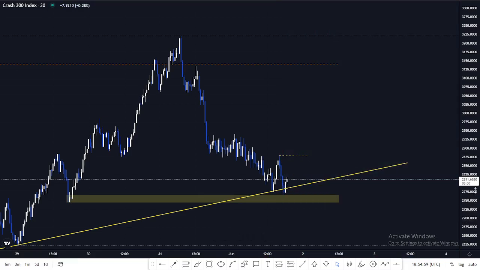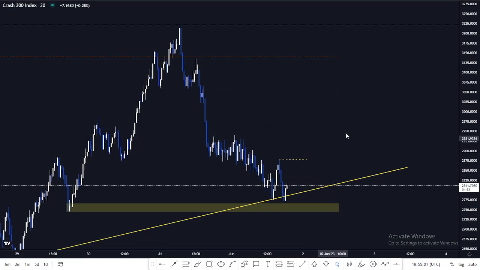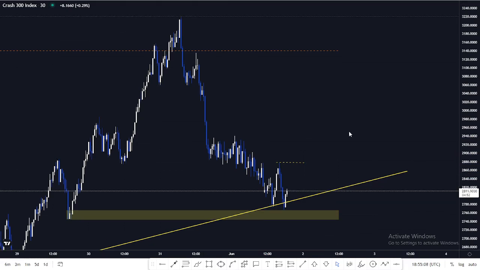Second opportunity, as I've said, this move has to happen. So second opportunity is this one. Once we break here, which is a change of character, get a pullback, we fly, we come and break here.